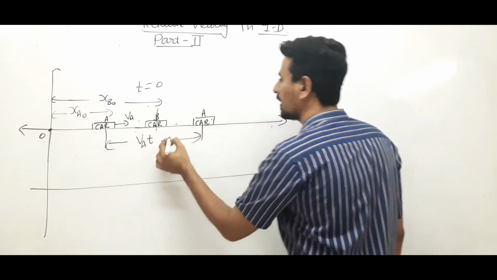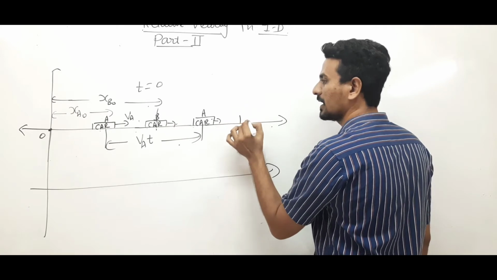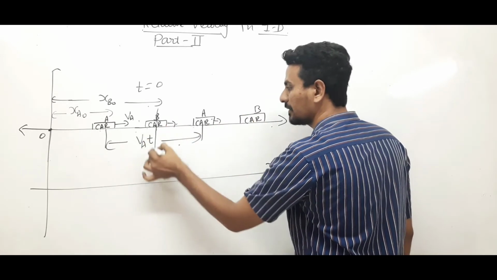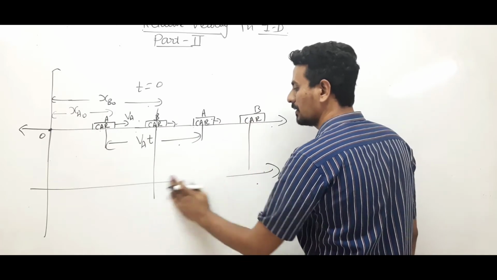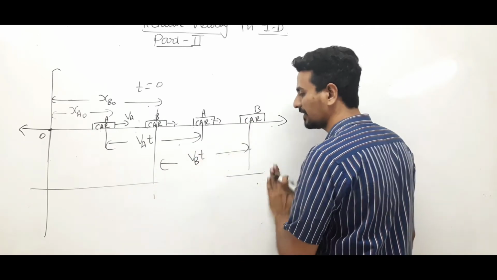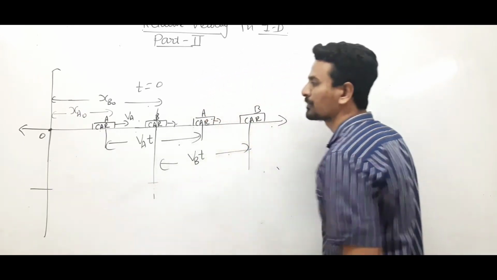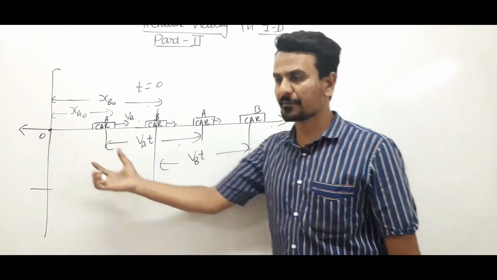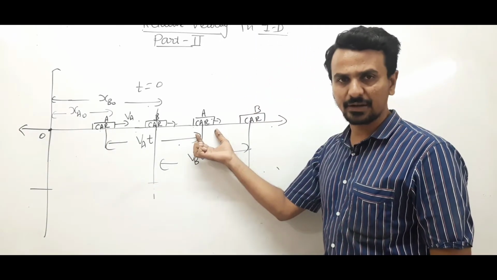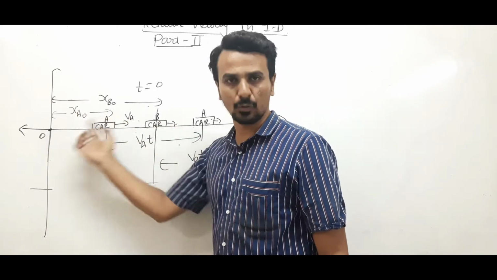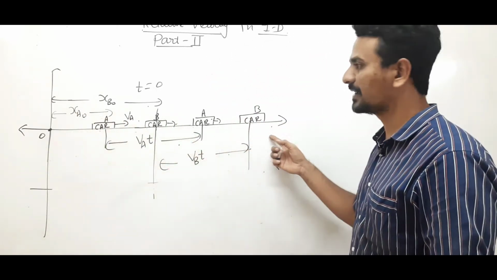Now car B will be somewhere here. So the distance covered by car B will be velocity into time, displacement or distance, whatever. Clear? So car A, which was initially here, after any time t will be here. Car B, which was initially at xb0, after any time t will be here.